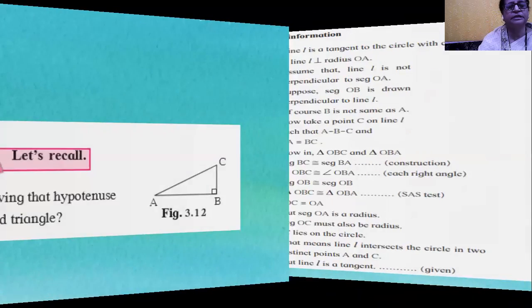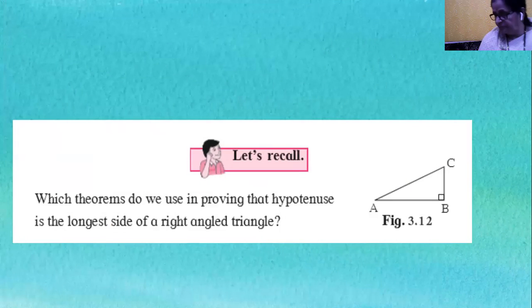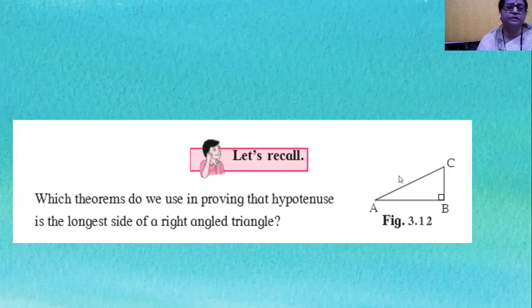Next, we'll see that one figure is given and it asks one question. Which theorem do we use in proving that the hypotenuse is the largest side of a right angle triangle? This hypotenuse AC is the largest side of this right angle triangle.